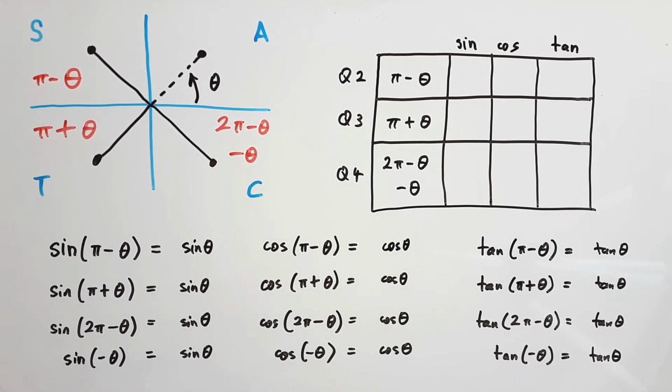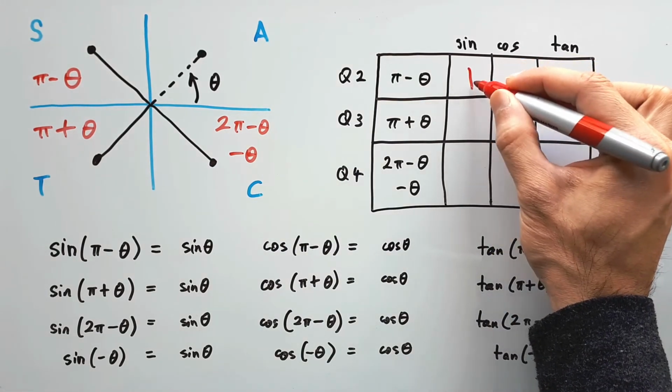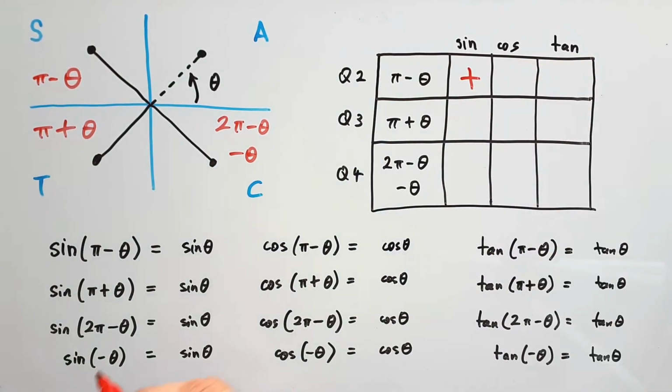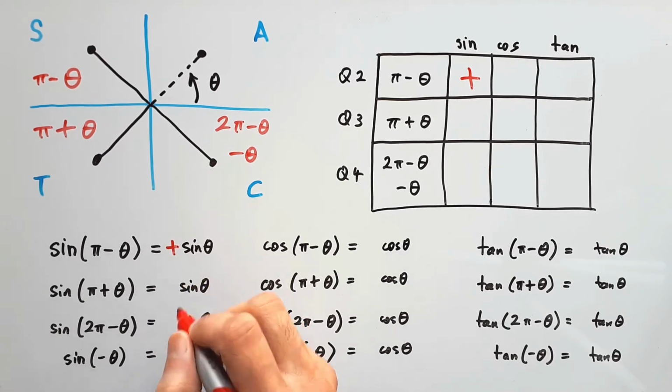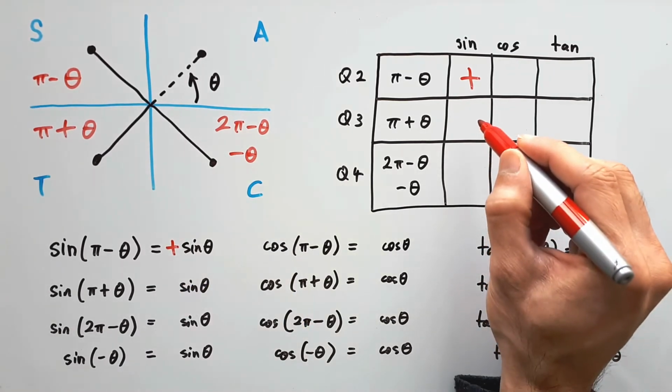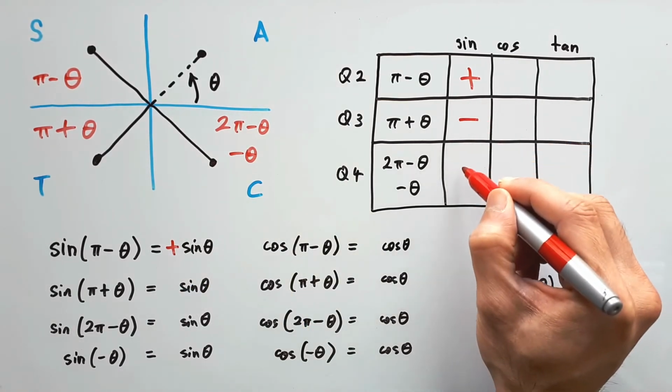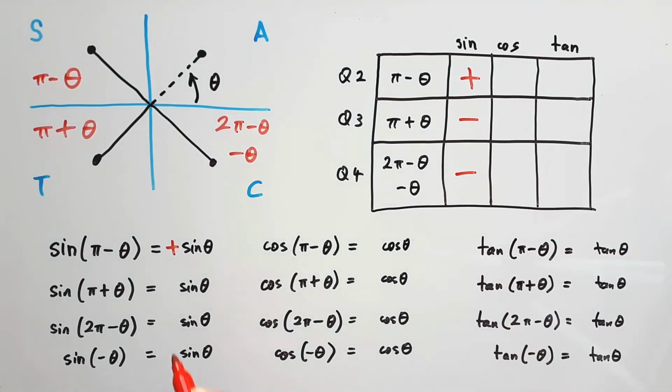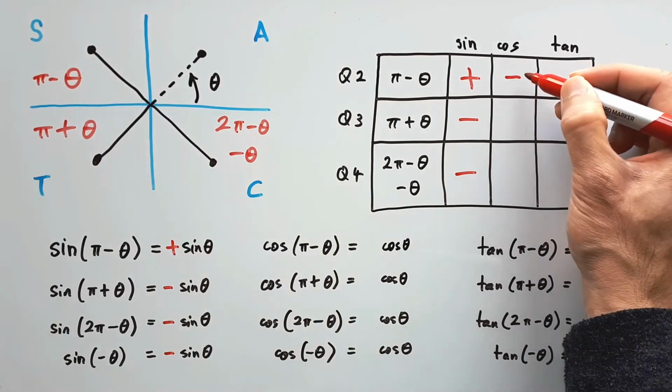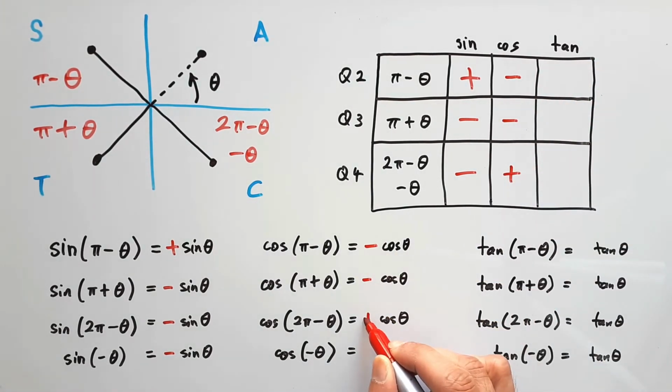So by casting, sine is positive in the second quadrant, meaning sine of pi minus theta equals positive sine theta. In quadrant 3 and 4, sine is negative, so these other formulas equate to negative sine theta. You can do something similar for cos and tangent, based on where they are negative or positive.